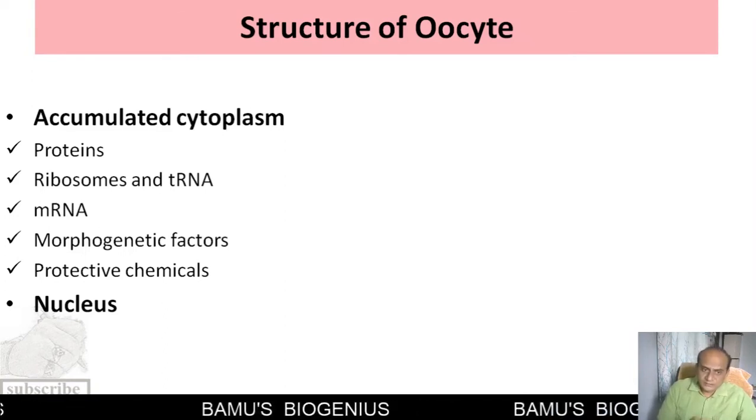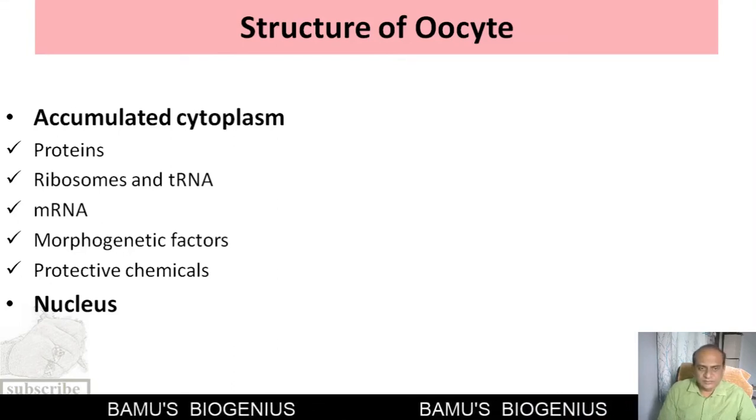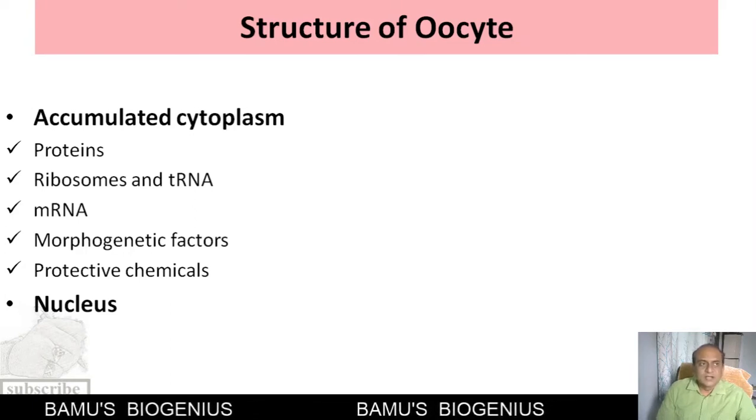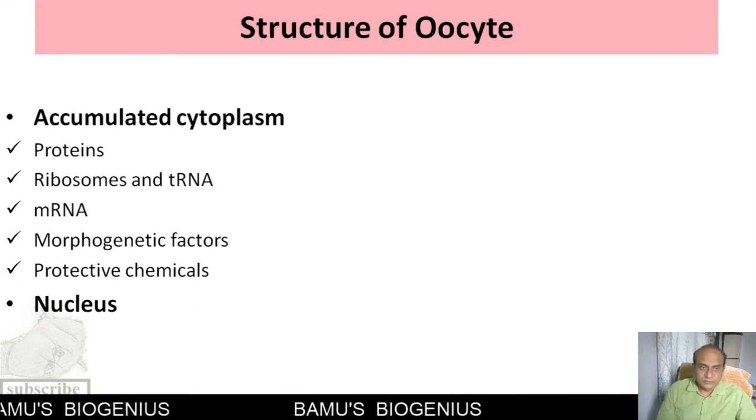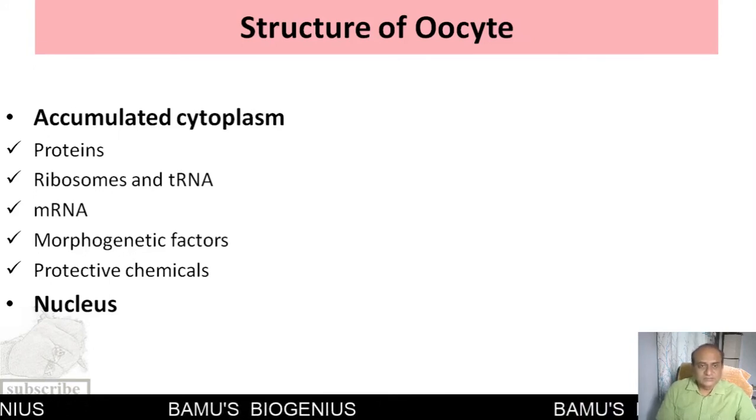So along with the cytoplasm, all these special molecules, or we can say the factors, proteins, ribosomes, are meant for proper development of the zygote, and it increases the survival value, or we can say the probability of survival of that particular zygote.